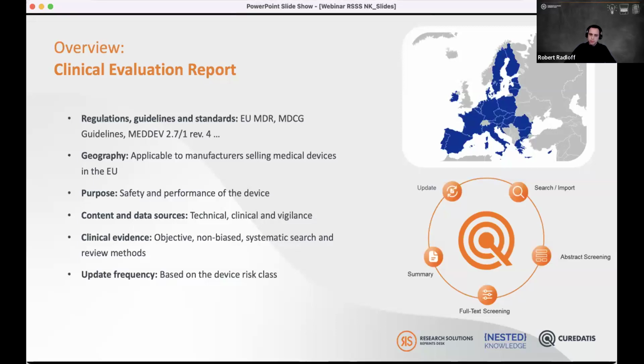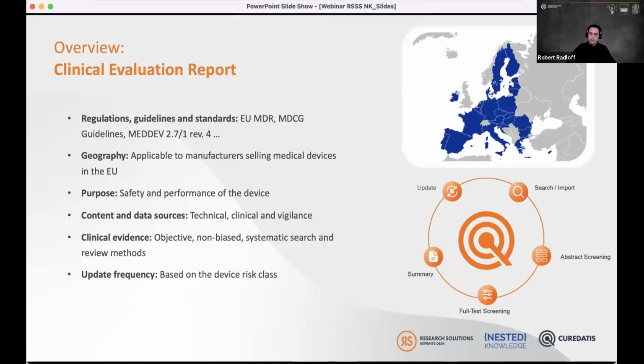But the similarity with the HTA is that we also have an objective, non-biased systematic search and review method. That is described in the MEDDEV guideline, which I just mentioned before. And we have an update frequency, which is based on the device risk class and the scale of innovation for the device. So a high-risk device will have its clinical evaluation report updated annually or even in a shorter period.